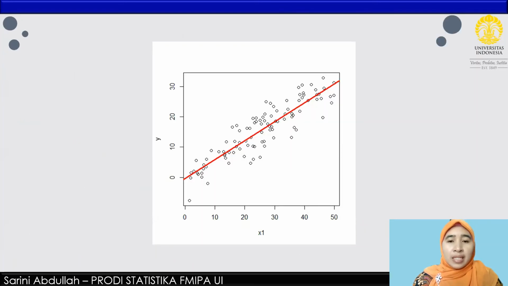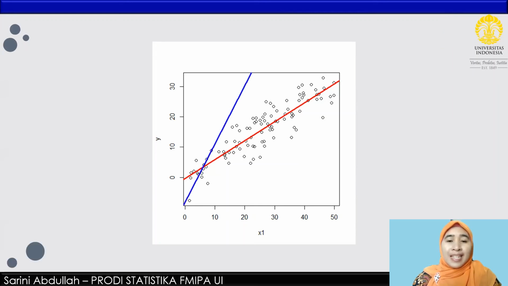This is kind of a visualization. For example, we have x1 and y, and the relationship is represented by this line. But let's say there is some multicollinearity between x1 and x2, some other predictor variable in the model. Slightly changing the data or adding a different data point might change the equation of the line. Previously we have it like this, and then slight changes of the data might change the estimated beta, which is represented by this slope.